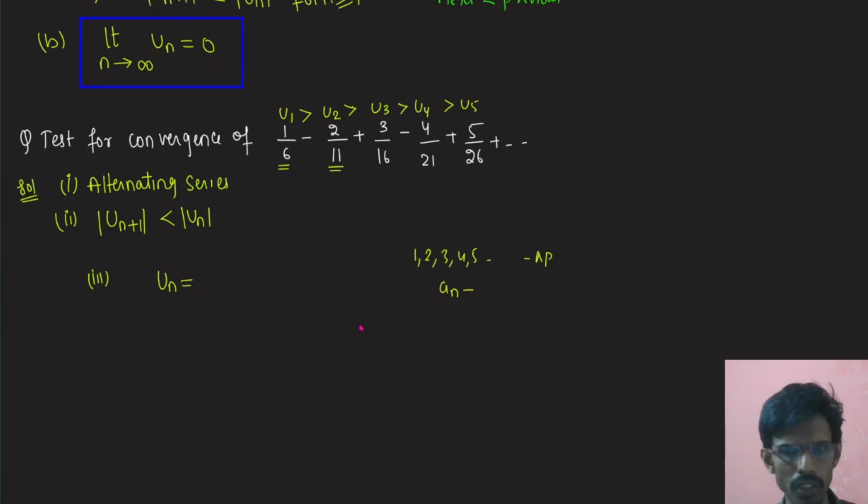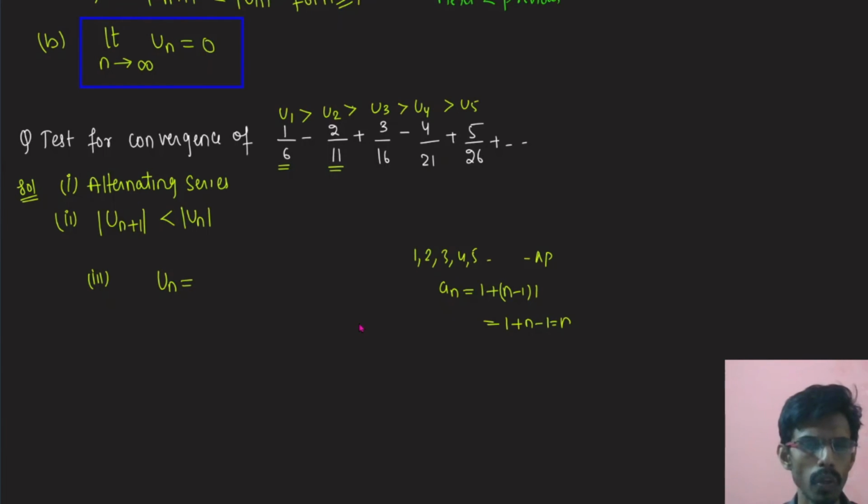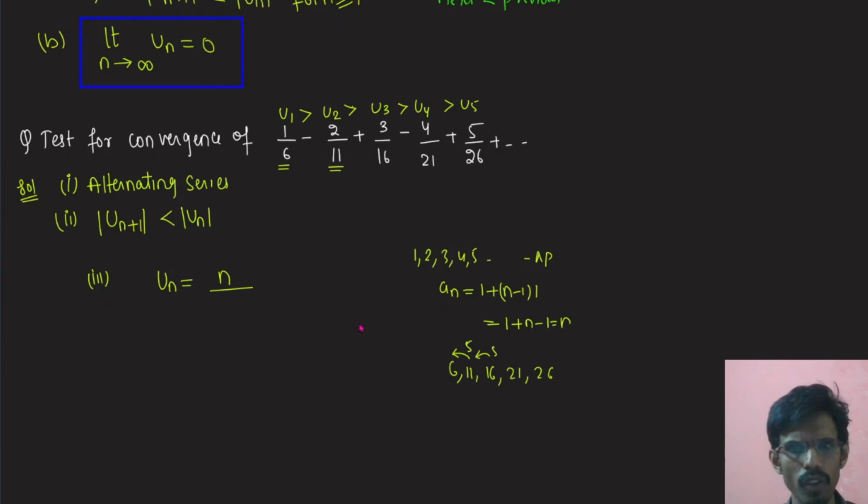So its general term will be 1 plus n minus 1 into common difference is 1. So we have 1 plus, I'll get n. So in numerator I'll have n. In denominator we have 6, 11, 16, 21, 26. Difference is 5 for everyone.